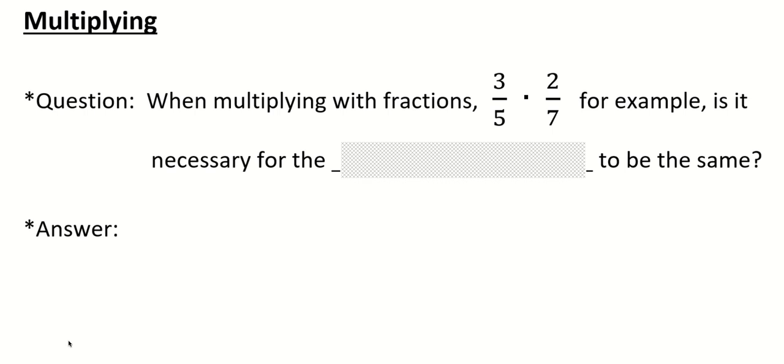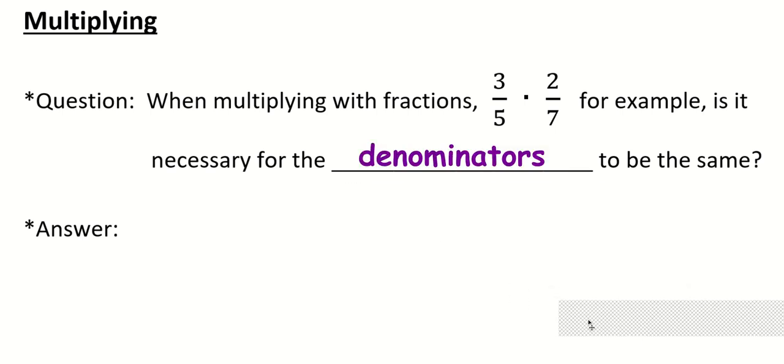Now we're going to do multiplying. So when we are multiplying two fractions, 3/5 times 2/7, for example, is it necessary, people, for the denominators to be the same? Do we need to make these denominators match in order to actually multiply these together?